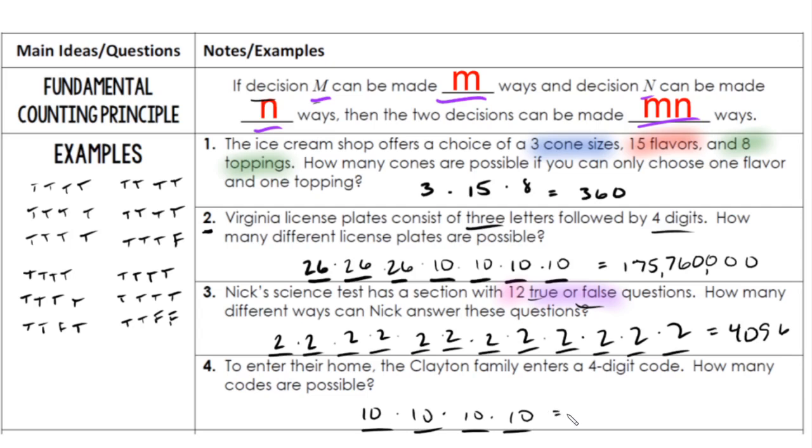So it would be 10 times 10 times 10 times 10, which is 10,000. All right, moving on.